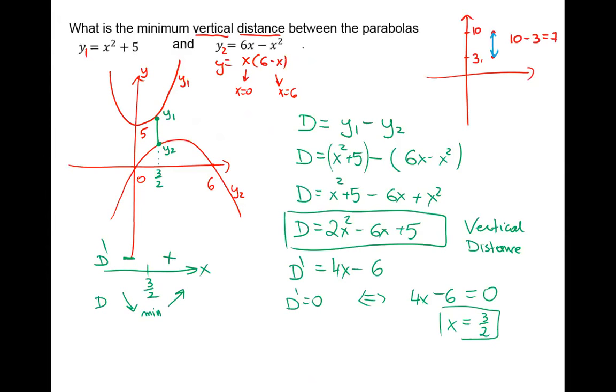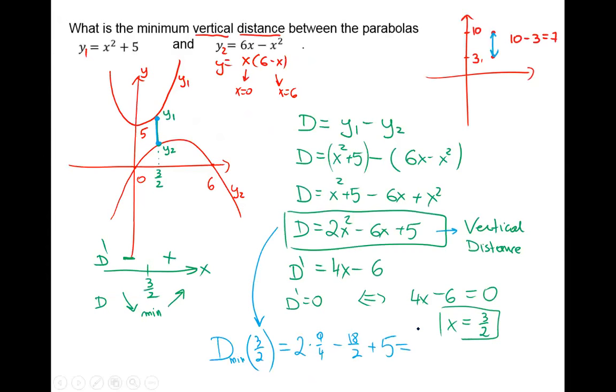Okay, that means actually, what is the answer? Actually, what is the question first? What is a minimum vertical distance? That means I have to find this minimum distance. Let me use maybe a different color, blue. The minimum distance is simply defined at 3/2, and that was the distance function. 2 times 9/4 minus 6 times 3/2, which is 18/2, plus 5.